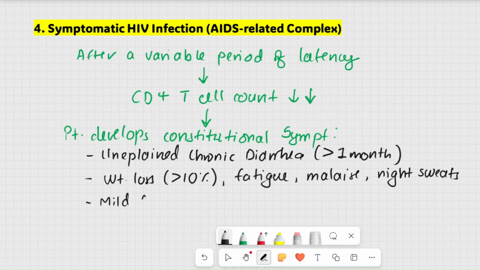Again, I'm repeating, it is mild opportunistic infections, and one of the examples is oral thrush. So what I'm saying, symptomatic HIV infection or AIDS related complex is the fourth stage where the latency period is coming to an end. CD4 T cell count decreasing, patient developing constitutional symptoms like chronic diarrhea, weight loss, mild opportunistic infections like oral thrush.